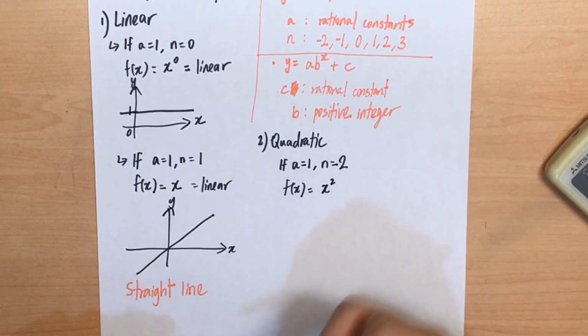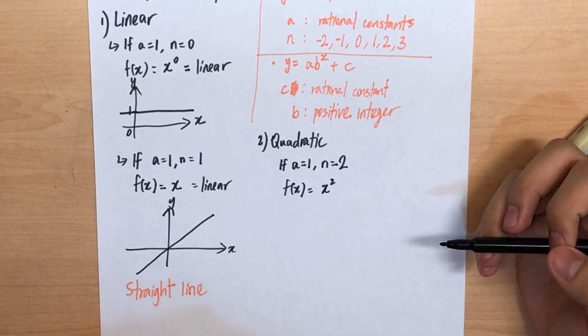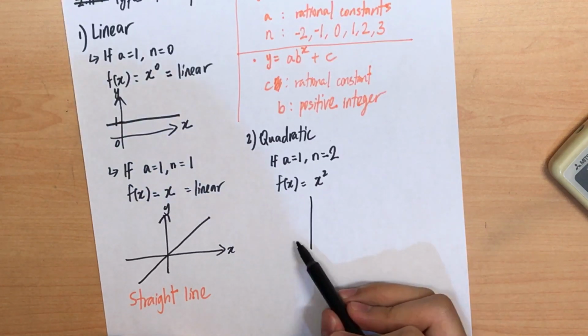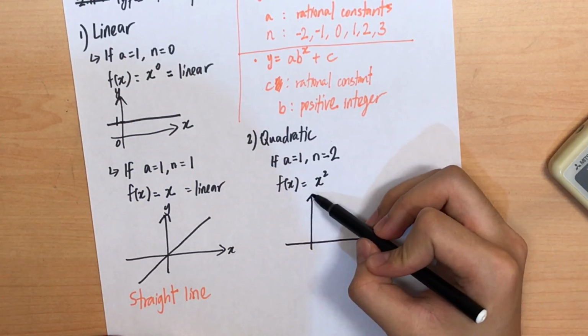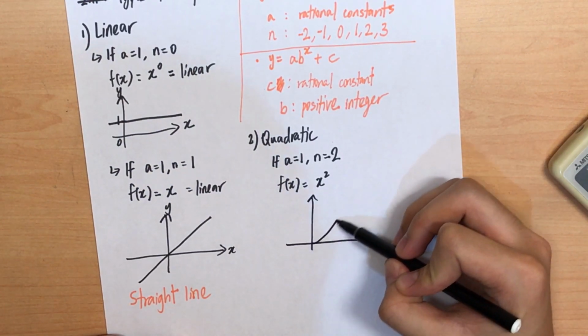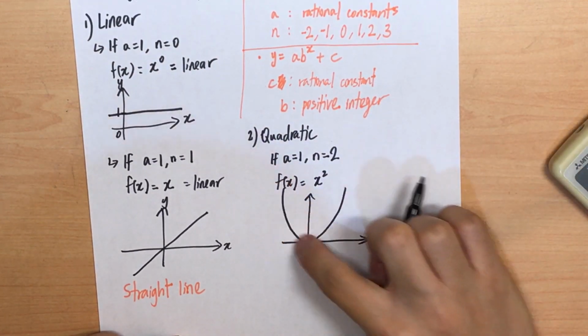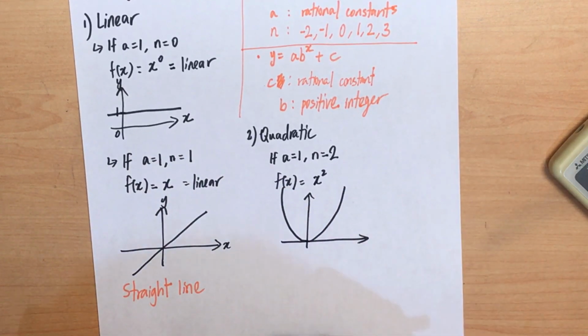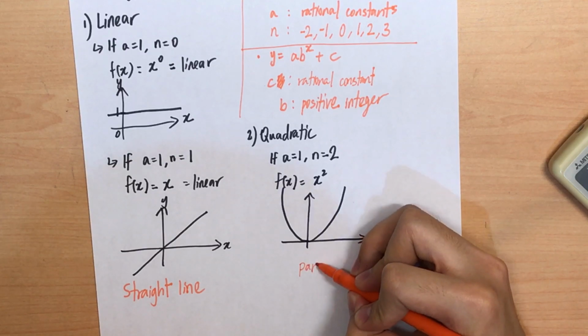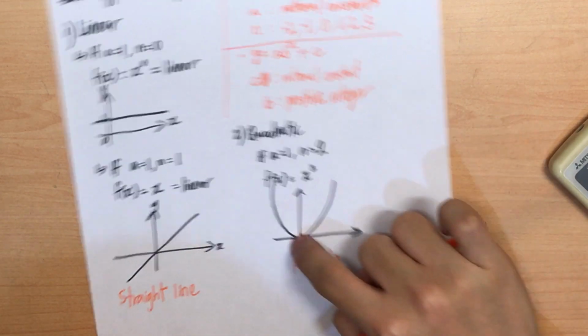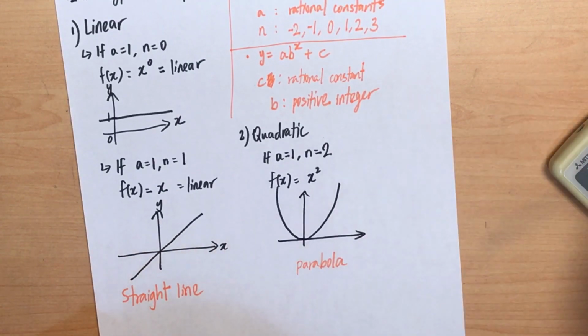This is called the quadratic function, and the graph looks like this. It gives a graph of a parabola, which is a concave shape.